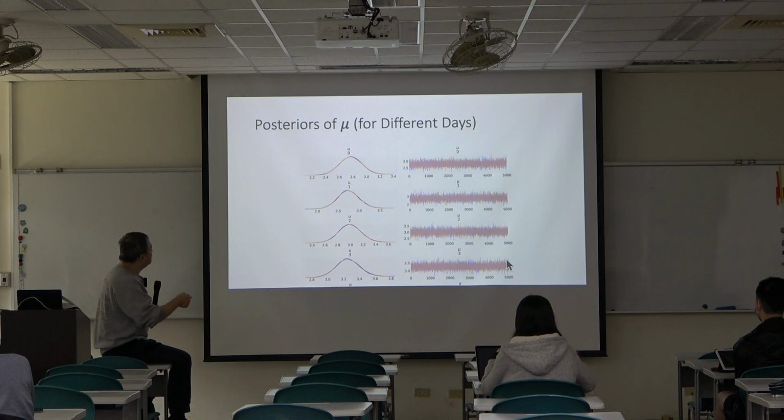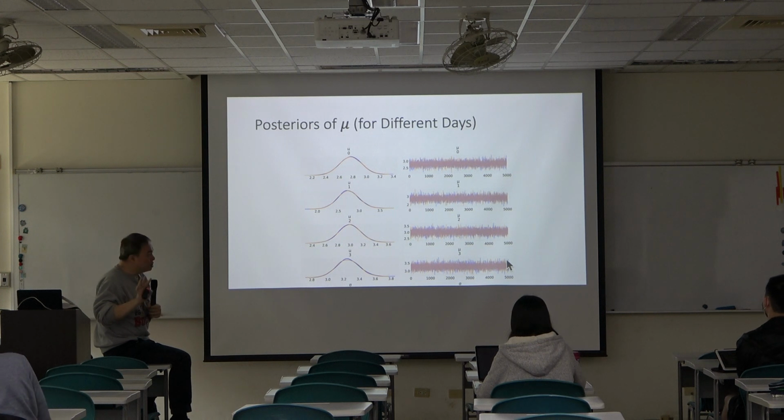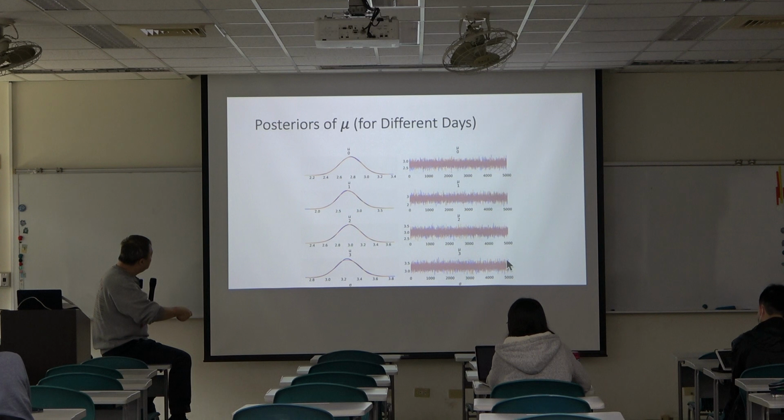This is the posterior of mu. Keep in mind, we have 4 groups, right? So we have 4 mu's: mu 0, mu 1, mu 2, and mu 3.